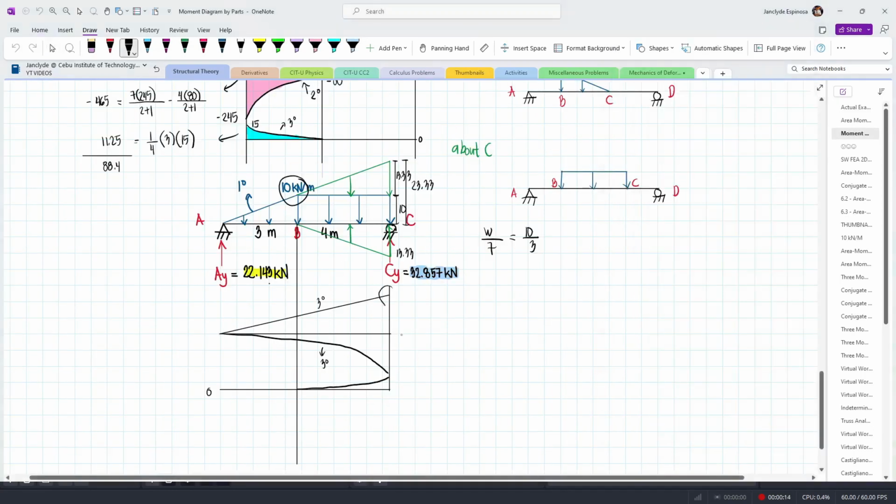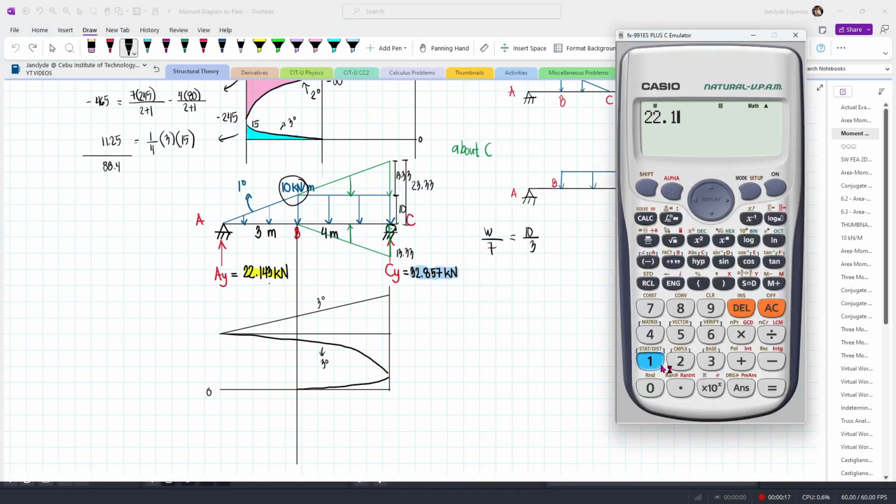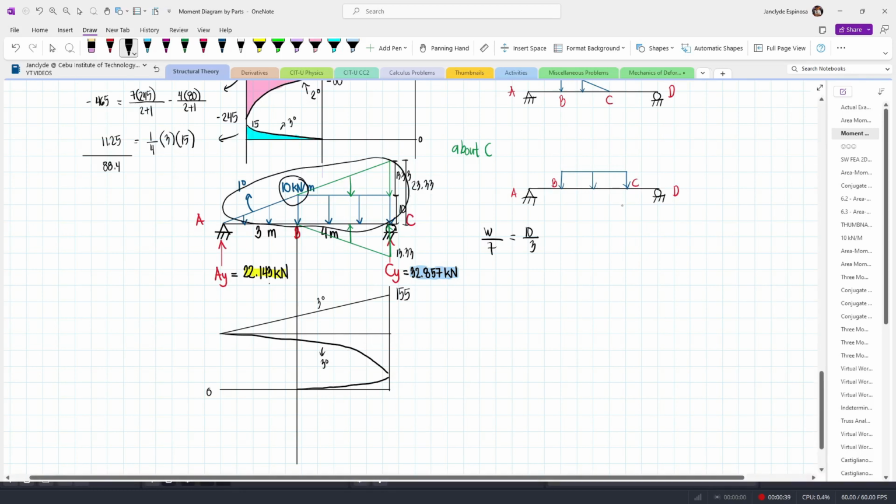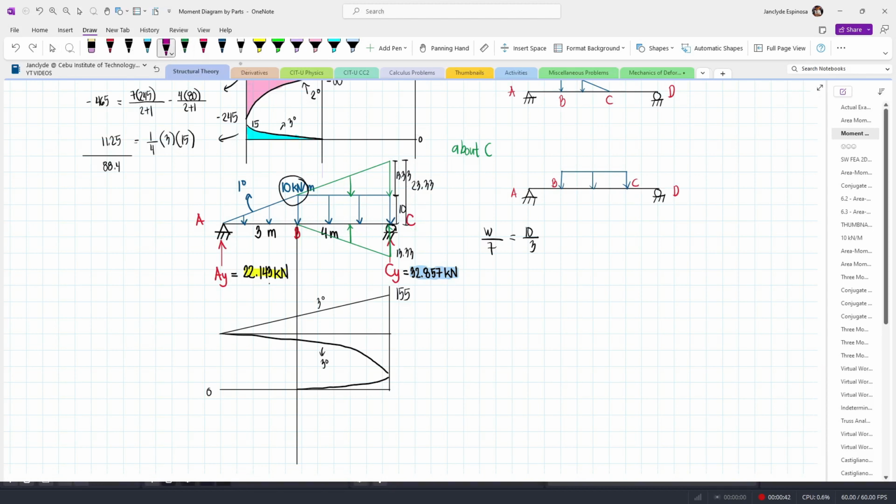And so the value of this one is 22.143, this load, multiplied by 7, which is 155.001, or approximately 155. And then for this one, this is for the whole triangular load over the whole span. And so this will have a resultant of 1/2 times the base, which is 7, multiplied by the height, which is 23.33.